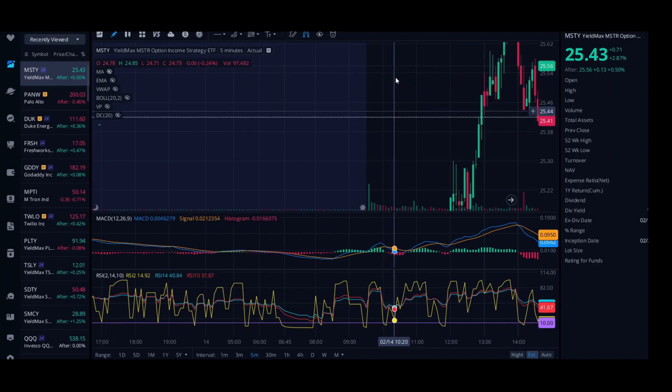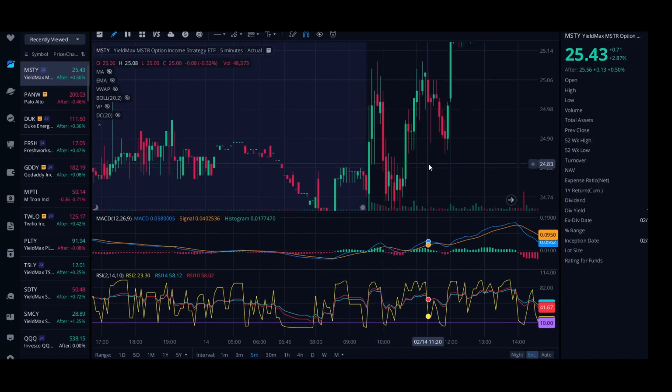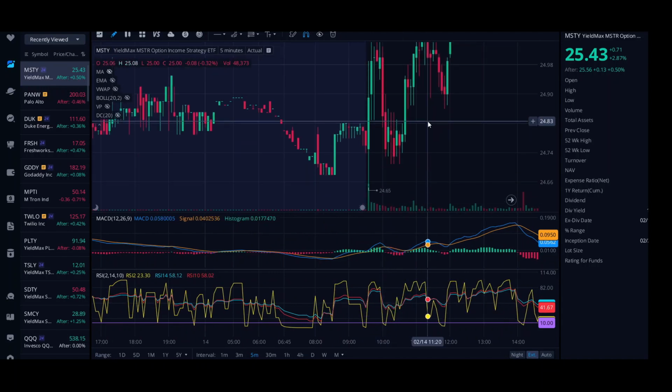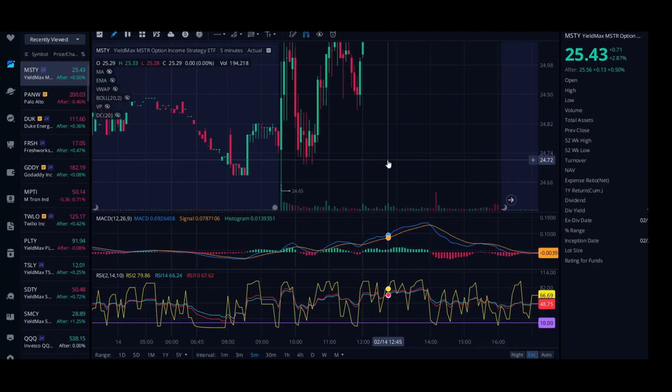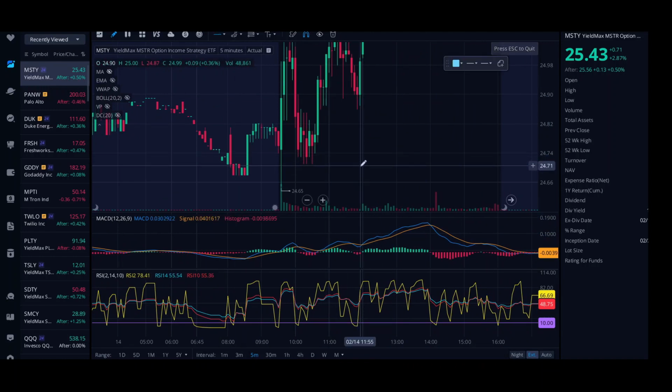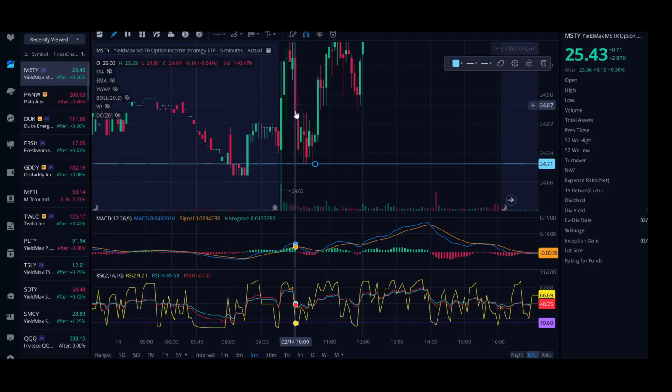This is just me showing basically what supports are, what resistances are, and what the actual and adjusted charts look like. So as you can see right here, if I was to draw a little line right here, you can see this stock price would go down and it just bounced right off of this support.